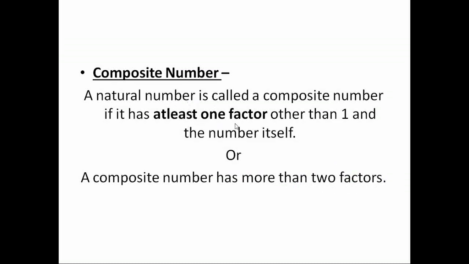But here a composite number has at least one factor other than 1 and the number itself. So it means a composite number should have more than two factors. Although 1 and the number itself will be the factors, apart from that, one more factor it should include. Example, 4, 6, 8, 9, 10, 12, 14, 15, etc. So if you observe, all these numbers have more than two factors.